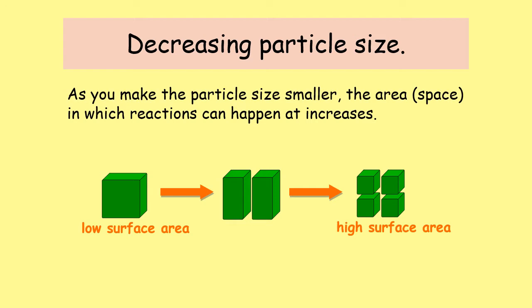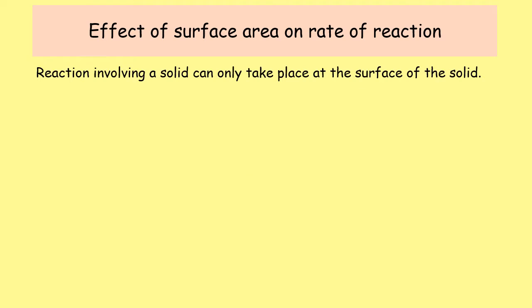Now, as you break apart a solid and make it smaller and smaller, the area or space available at which reactions can happen increases. And we'll get into that in more detail in the next few slides. But decreasing particle size means breaking a solid or compound down into smaller chunks, and the most extreme, smallest particle size is a powder.